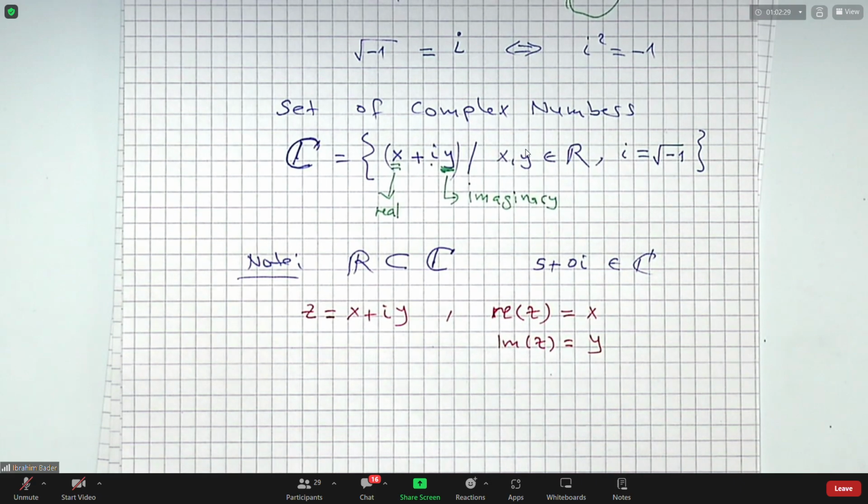Anyway, if you have complex numbers, then you have two components. You can think about these two components as an ordered pair, bearing in mind that the x component here is the real and the y component is the imaginary.